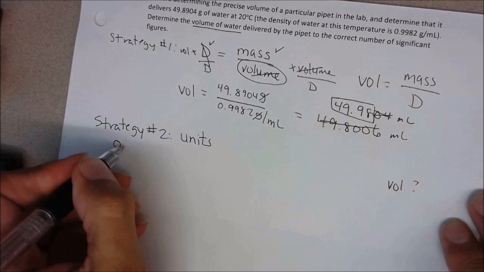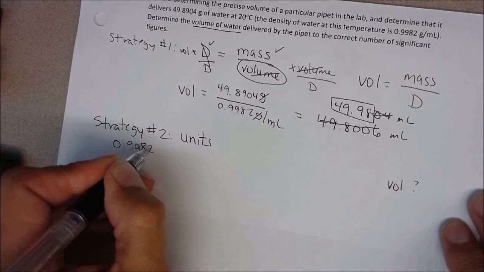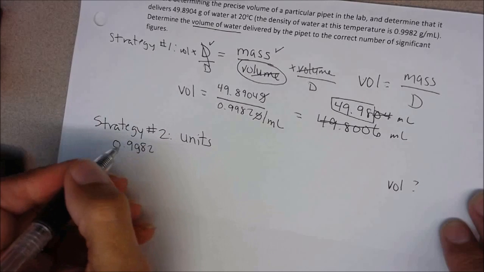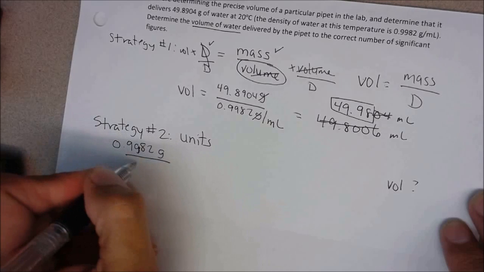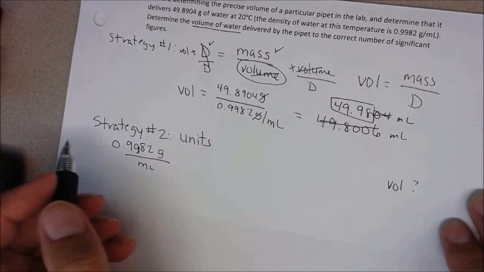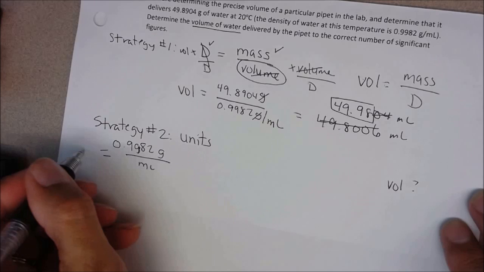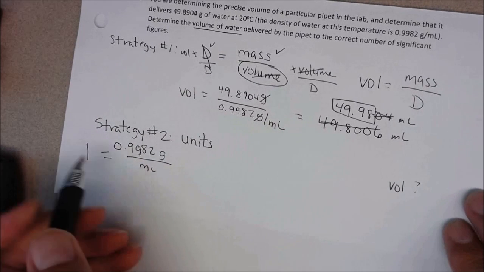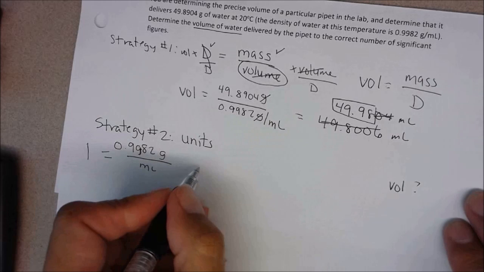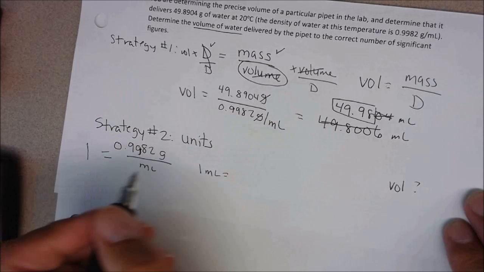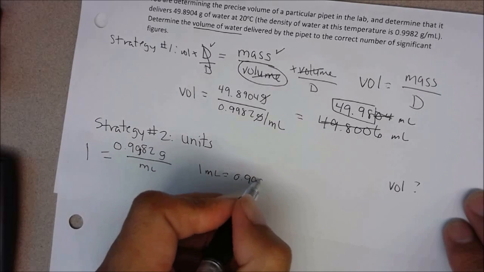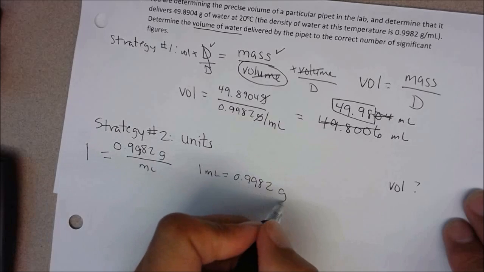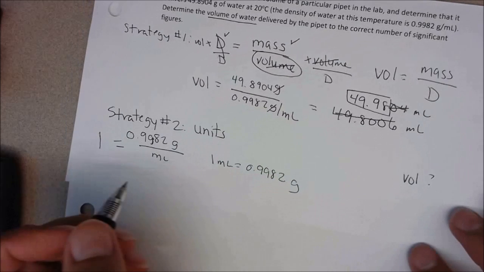Notice that saying 0.9982 grams per milliliter is saying that equals 1 something. If I multiply both sides by milliliters, that means 1 milliliter equals 0.9982 grams of that something.